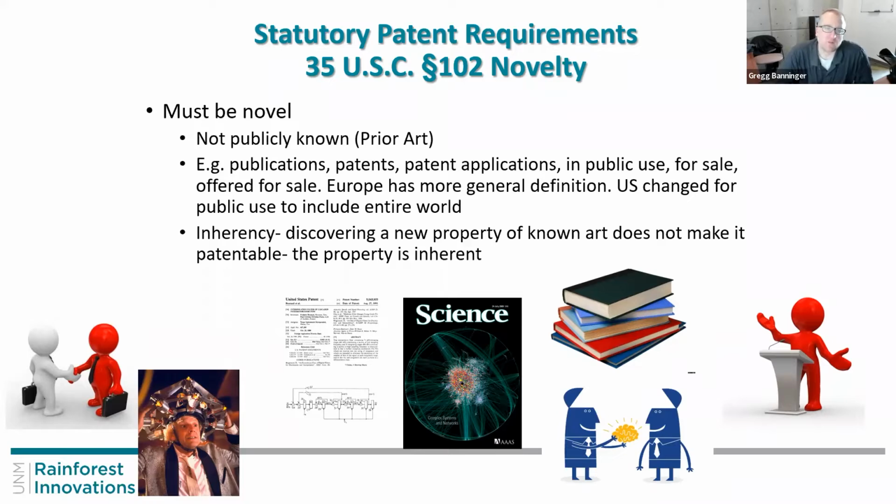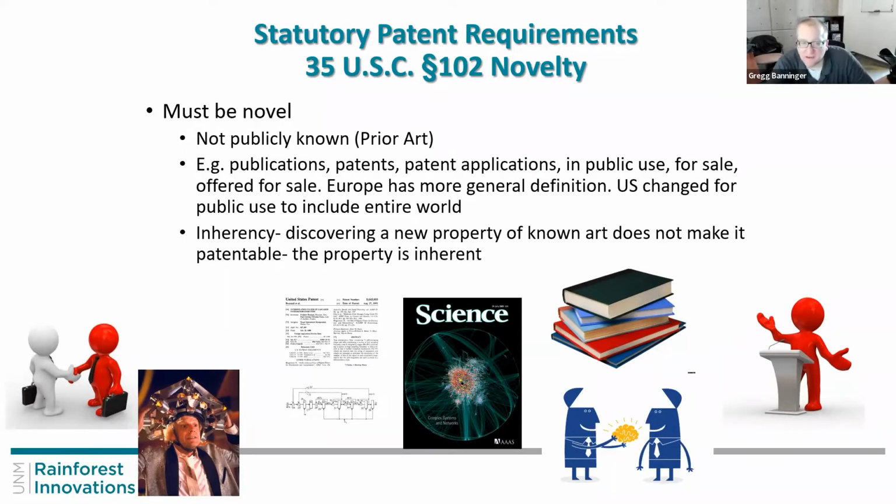So what's publicly known? Typically, examiners will pull things that they can tangibly cite. So those will be publications, patent applications, web pages, anything that you can cite. But it's not just that falls into prior art.